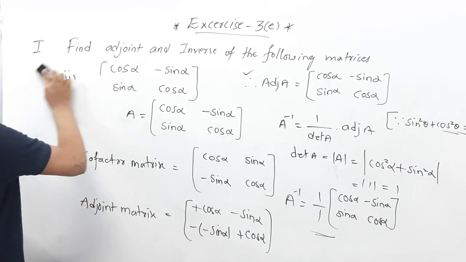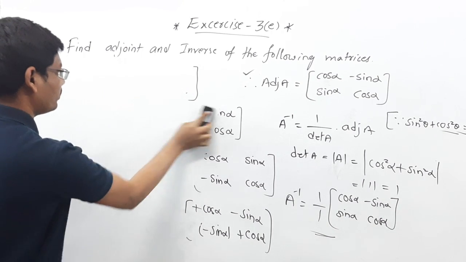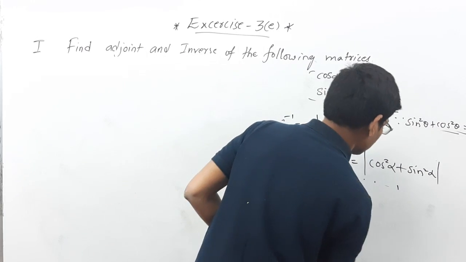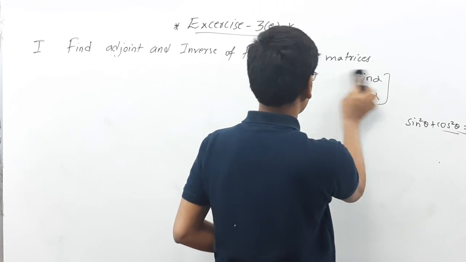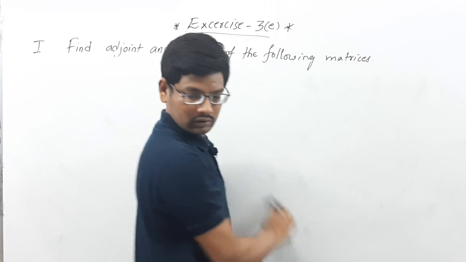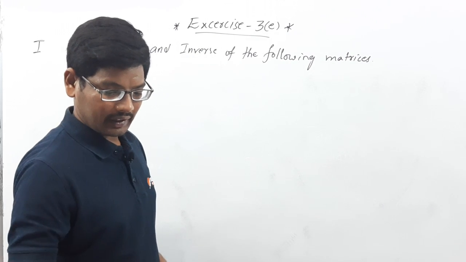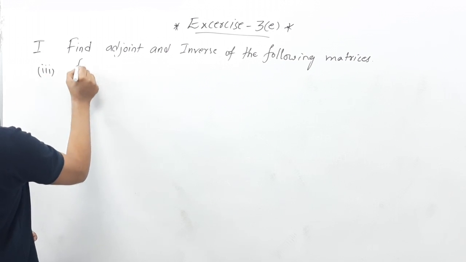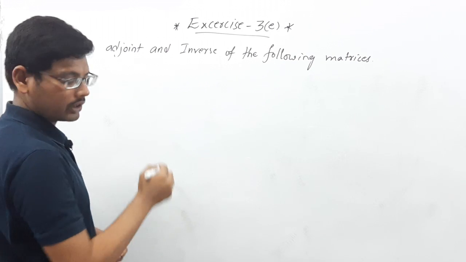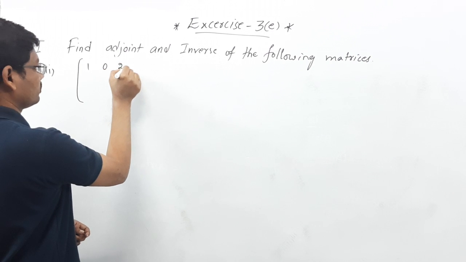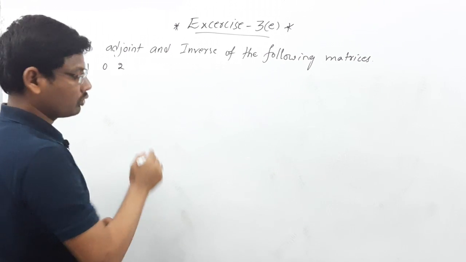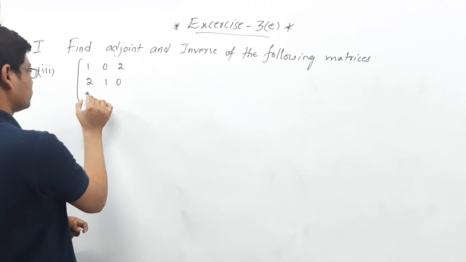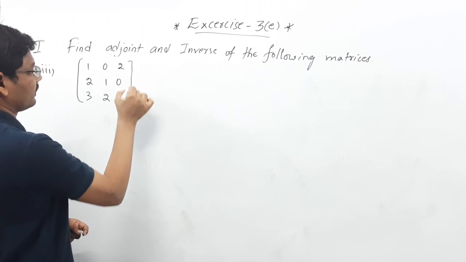These two are 2 by 2 matrices, and the next one is a 3 by 3 matrix. The question is 1 0 2, 2 1 0, and 3 2 1.